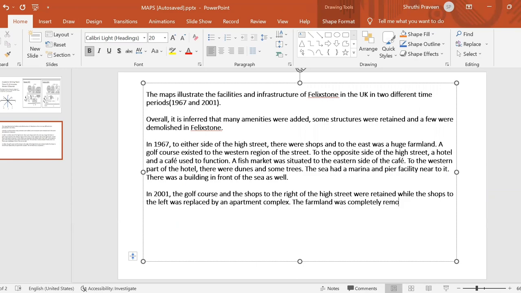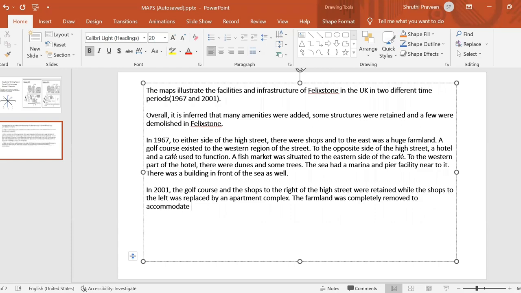Not a single part was retained. It was completely removed to accommodate a swimming pool, tennis courts, and a hotel.